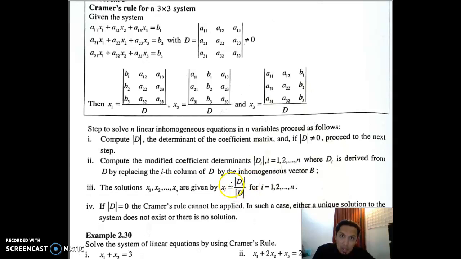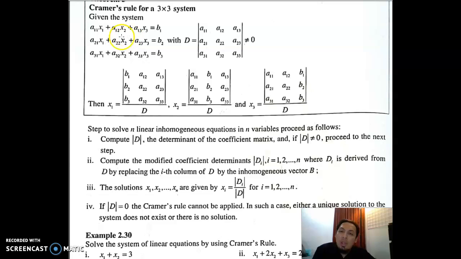As a numerator, we'll see that the notation is Di, in other words, it is known as a modified determinant, Di. So what is actually being modified here? Just refer to this general form of Cramer's rule.